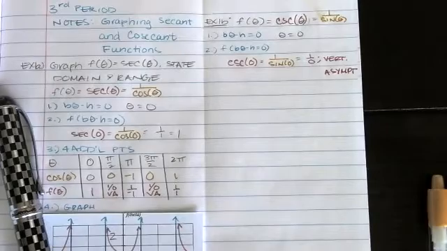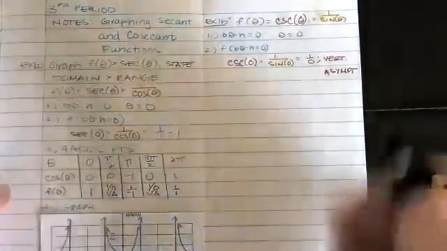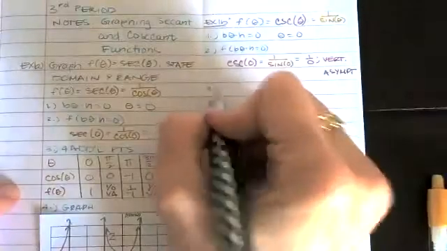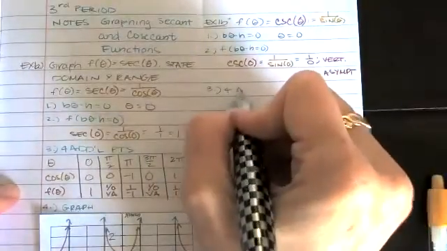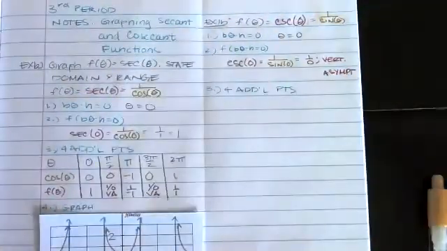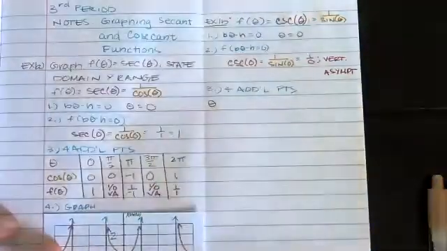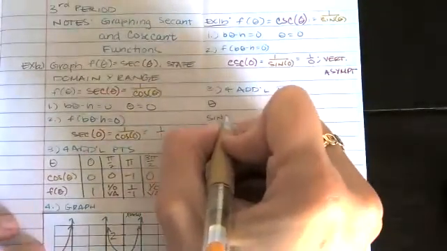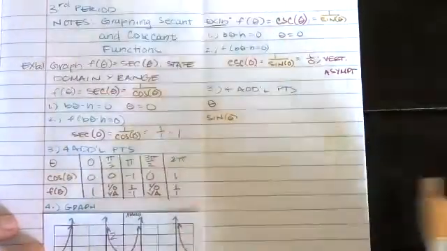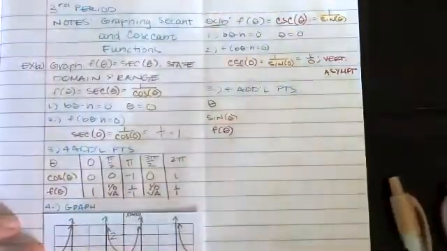Okay. All right. So our third step means that we have to come up with our additional points. So again, I'll use theta and the sine of theta, just so we can kind of make sense of the points. And then this will be our cosecant of theta.